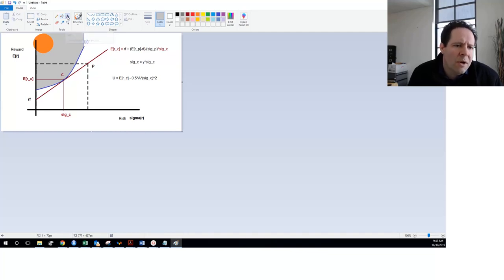Now, what do you notice about point C? Point C occurs where the slope of the indifference curve equals the slope of the capital allocation line.